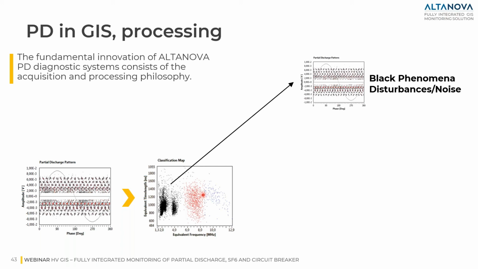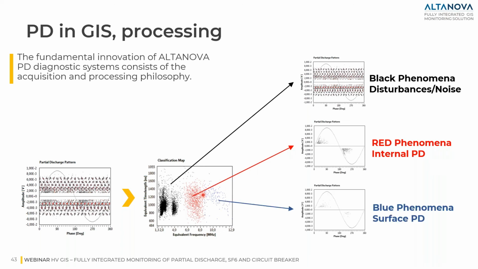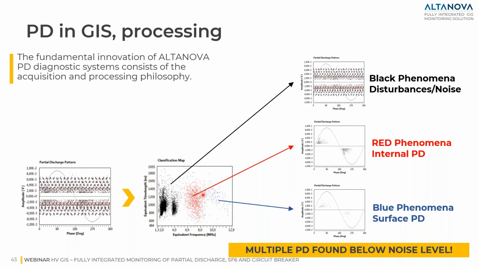After this classification and clusterization process, the system is able to rebuild the PRPD pattern only for each separate homogeneous group of points, for the black, the red, and the blue one. This approach is very useful when we have to test or monitor GIS, because multiple PD sources can be identified even below the background noise.